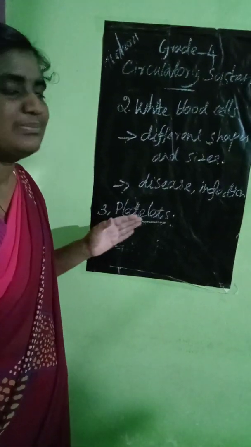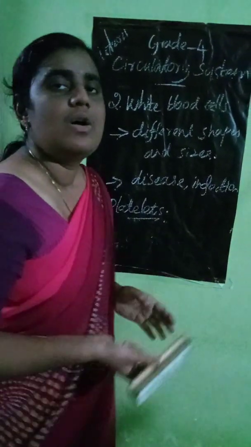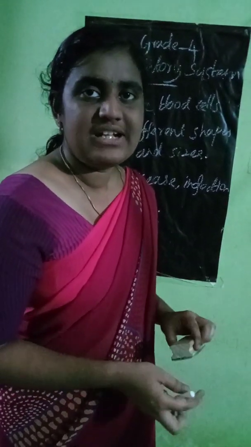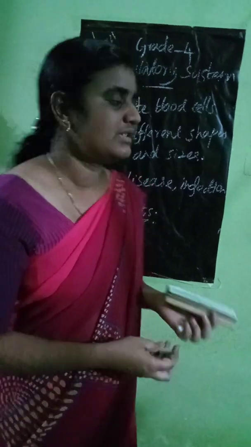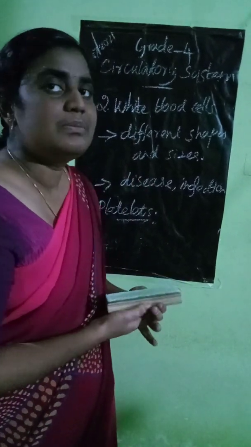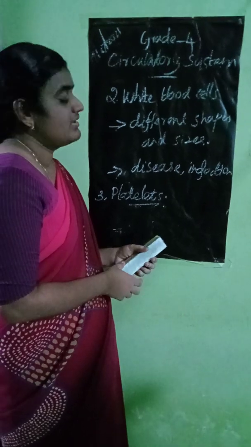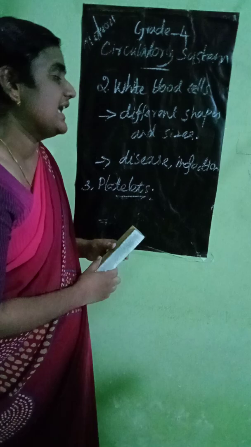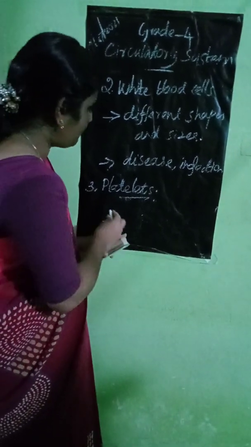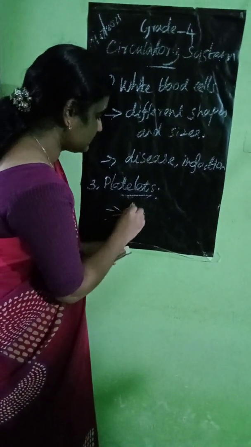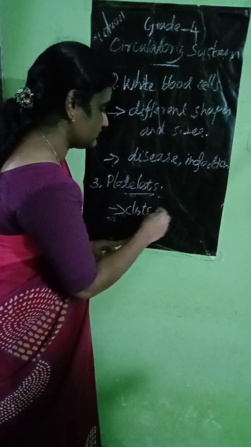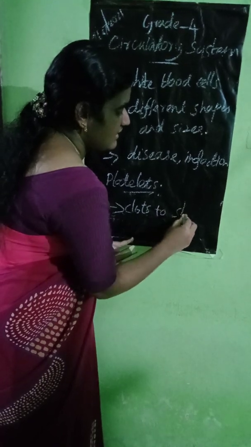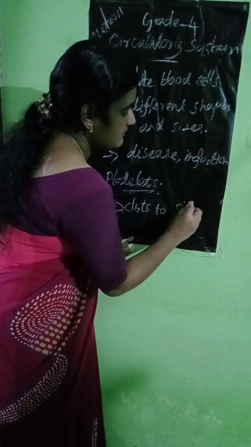These tiny blood cells protect our body and help it form clots to stop bleeding.